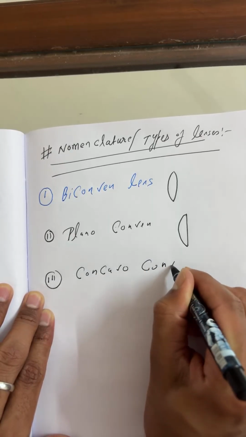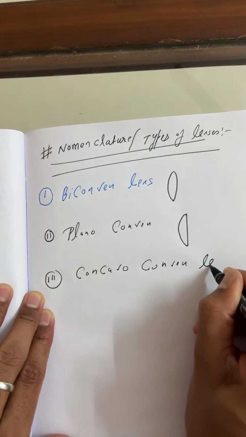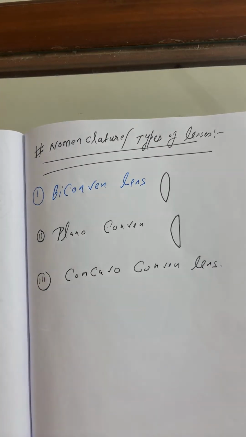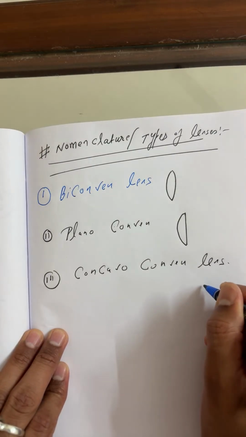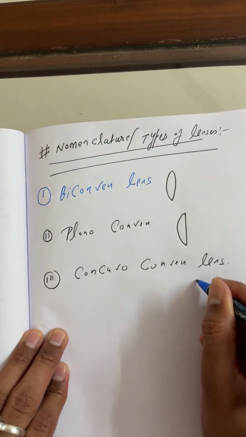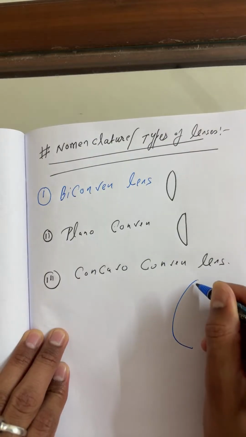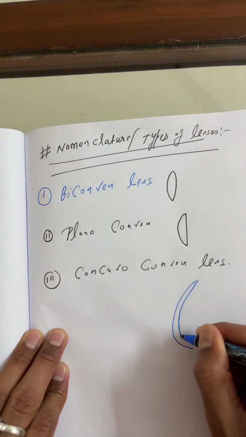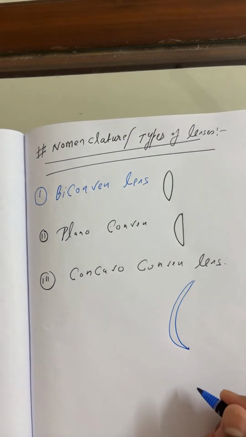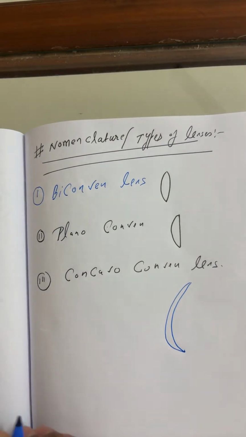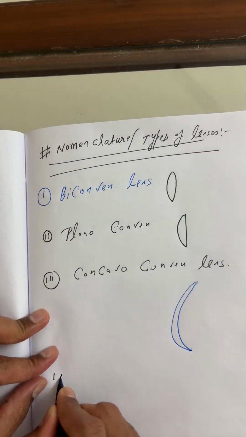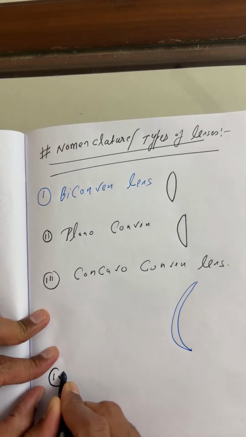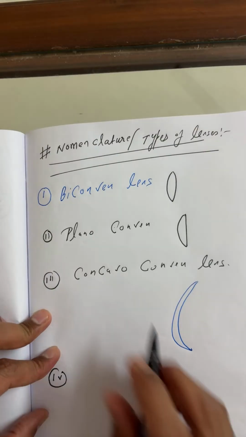Concavo convex lens. Here, students, this is concavo convex. Sometimes you can also represent thin lenses like this. All these things I said are for thin lenses. This is a representation of thin lenses.